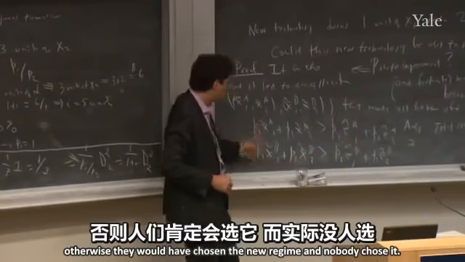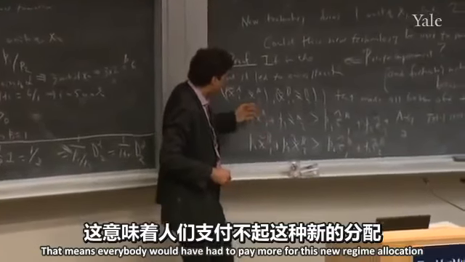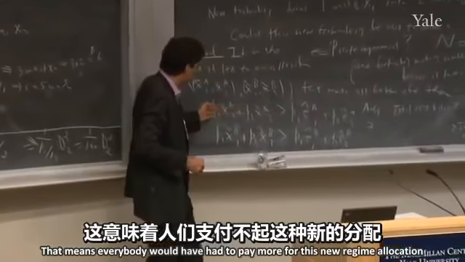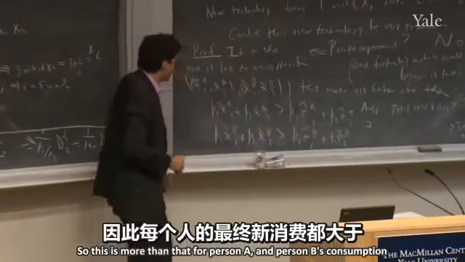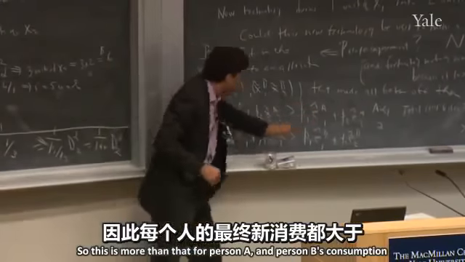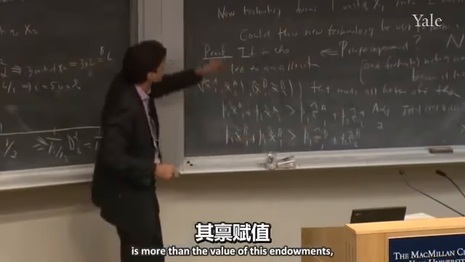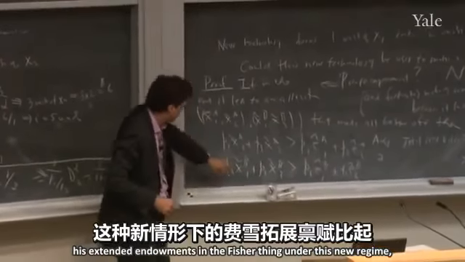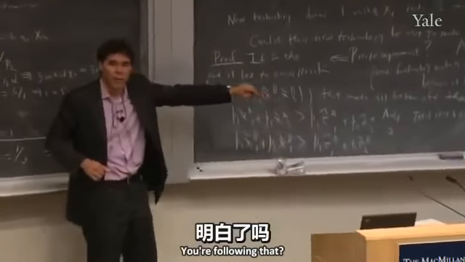Otherwise, they would have chosen the new regime. And nobody chose it. That means everybody would have had to pay more for this new regime allocation than the value of their endowments. So this is more than that for person A, and person B's consumption is more than the value of his endowments, his extended endowments in the Fisher setting, under this new regime. You're following that?